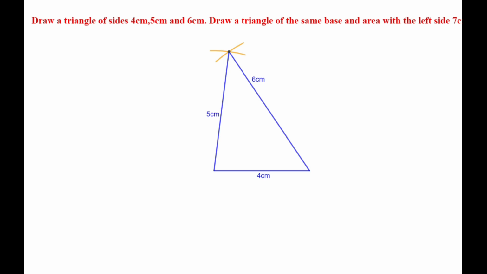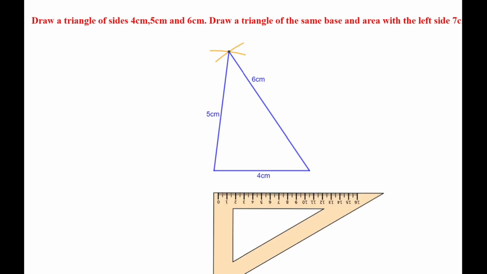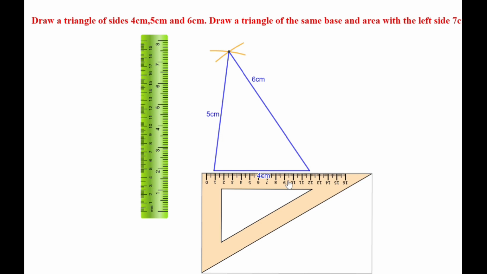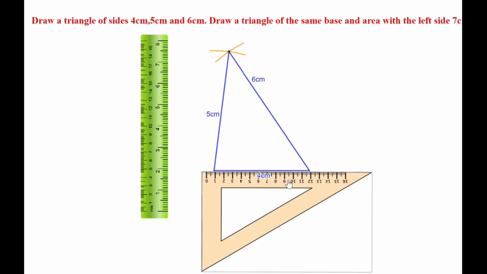We know if you have to draw a triangle with the same base and area, the third vertex must be on a line parallel to the base. So first of all, let us draw a line parallel to the base. Take our set square and ruler. Now place the set square on the base like this.